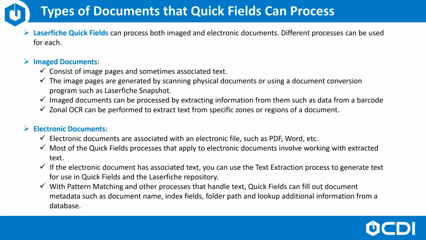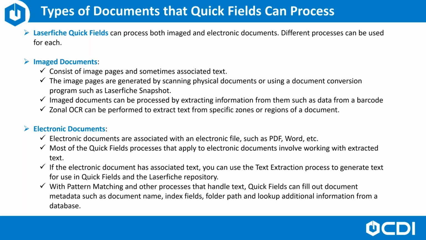Now let's talk about the documents that Quick Fields can process. So it can process both image and electronic documents. In Laserfiche Quick Fields, you have a Session Designer for various document and record types that you're going to be processing through Quick Fields. So you have the flexibility of setting up multiple sessions for different document types.